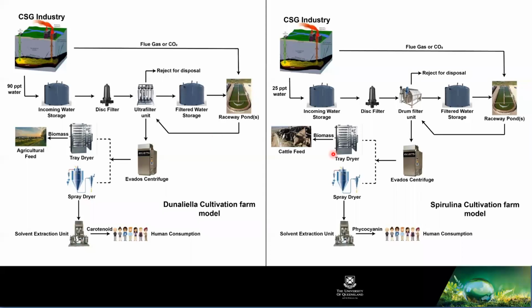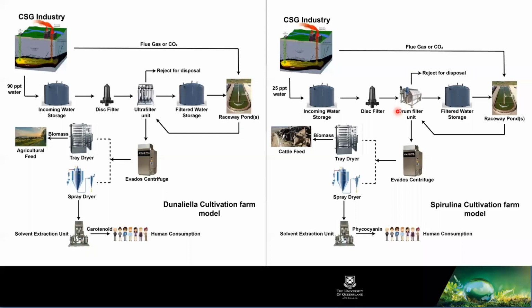Whereas the right side is similar, but we are using spirulina for the cultivation because it can grow at a maximum of 25 ppt, for animals and aquaculture. The processes are similar, but instead of ultrafilter, we are using a drum filter because of the size of the spirulina.